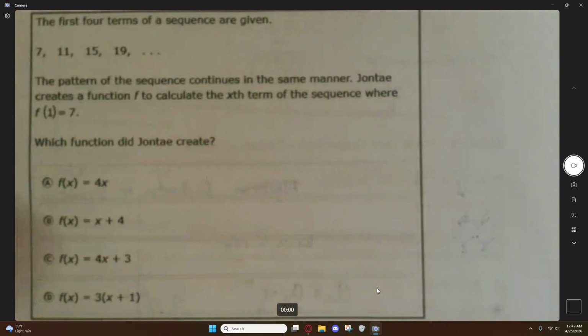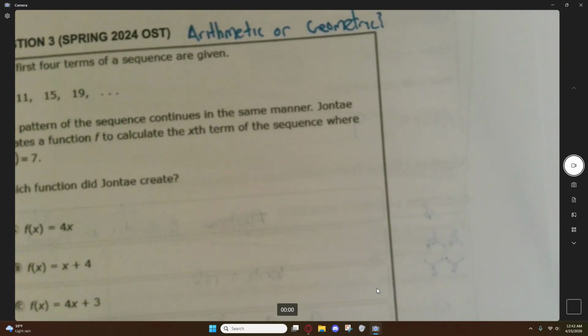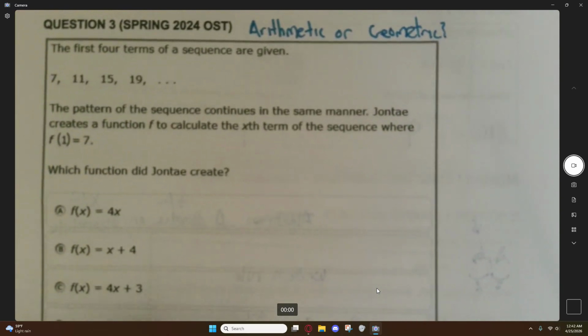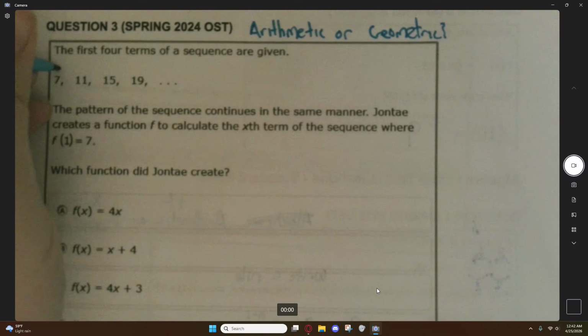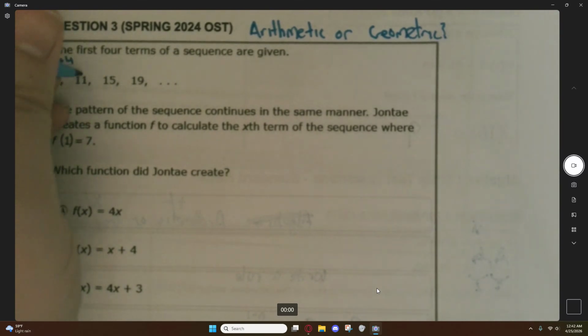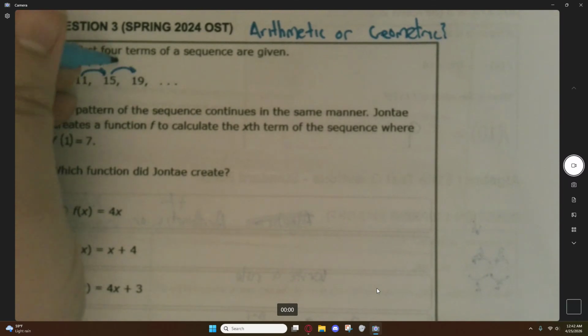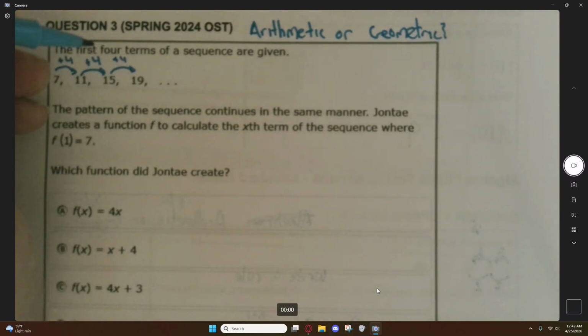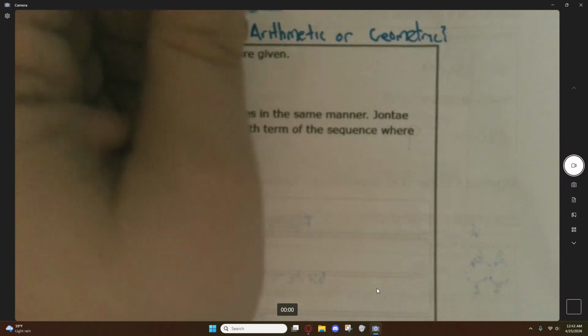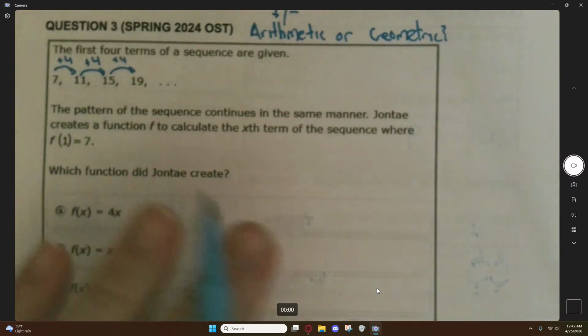Well, let's check our common difference. To go from 7 to 11, you add 4. To go from 11 to 15, you add 4. To go from 15 to 19, you add 4. So this is an arithmetic sequence because we're working with addition and subtraction.